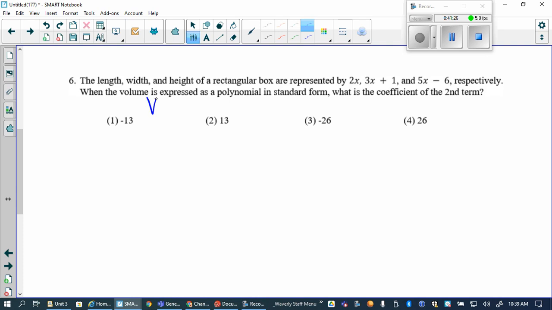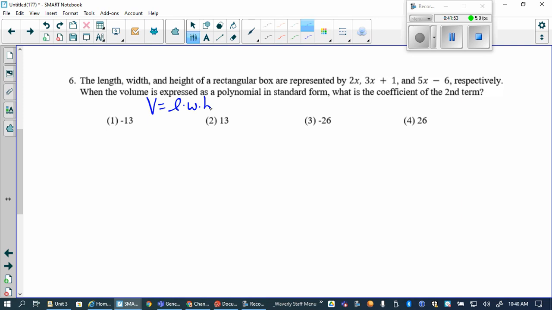So volume is length times width times height. Did they give you the length and width and height in this problem? They did, not with numbers, right? With expressions. So what are you going to do with those 3 expressions up there? Multiply. And so just like we've been doing in the lesson.